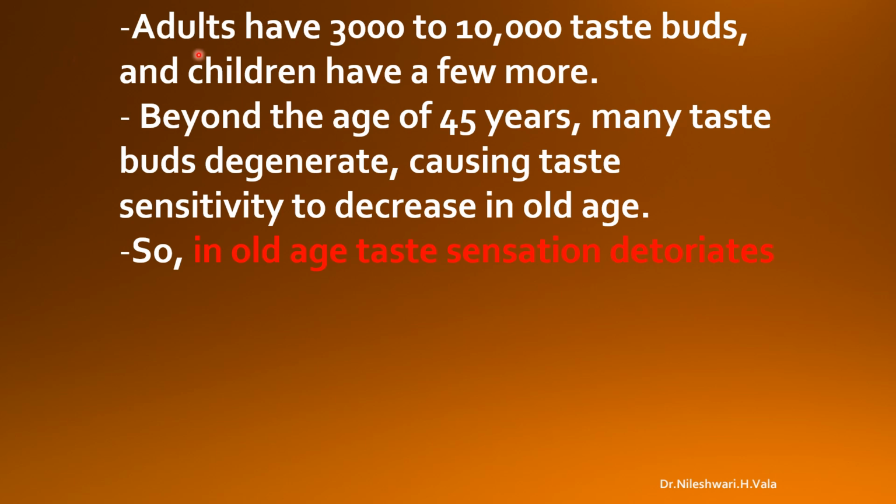Adults have about 3000 to 10,000 taste buds and children have a few more. Beyond the age of 45 years, many taste buds degenerate, causing taste sensitivity to decrease. So in old age, the taste sensation deteriorates.